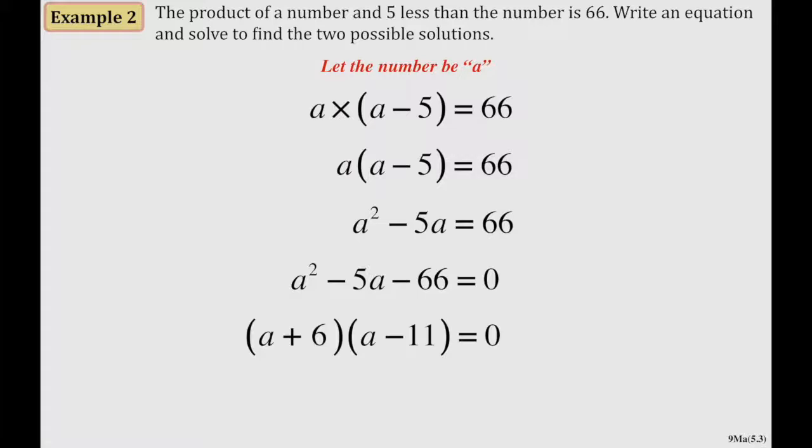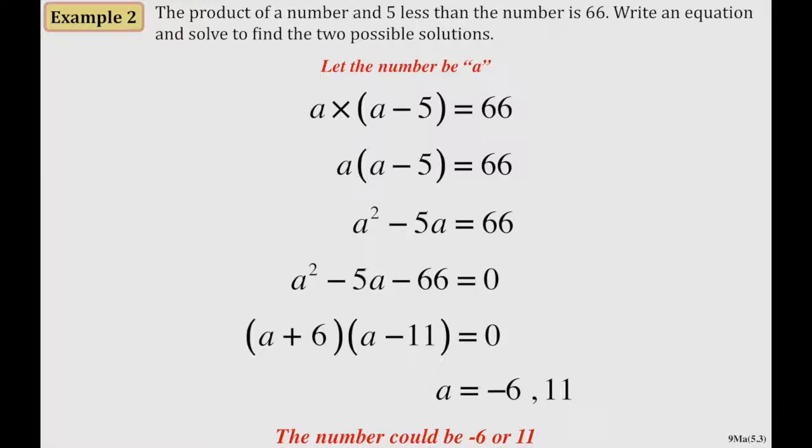We null factor law that now, so the answers are going to be a equals negative 6 and a equals positive 11. Which answers are valid? Both of them, because this just says find numbers. So let's have a look at our solutions here. The number could be negative 6 or it could be 11.